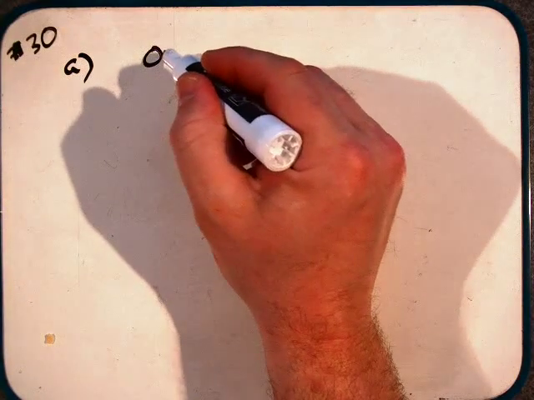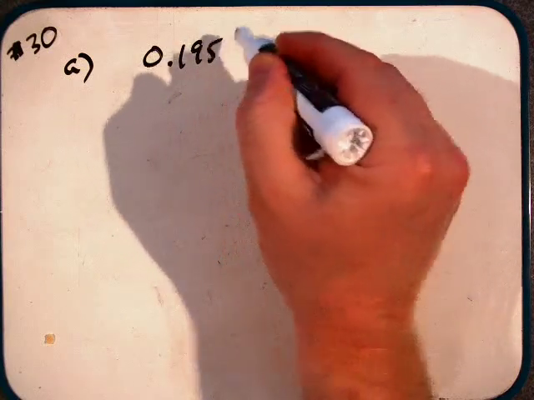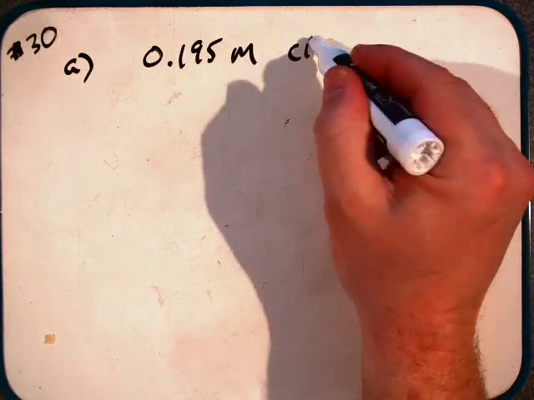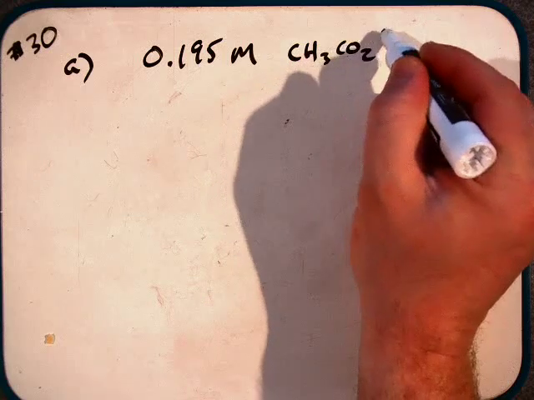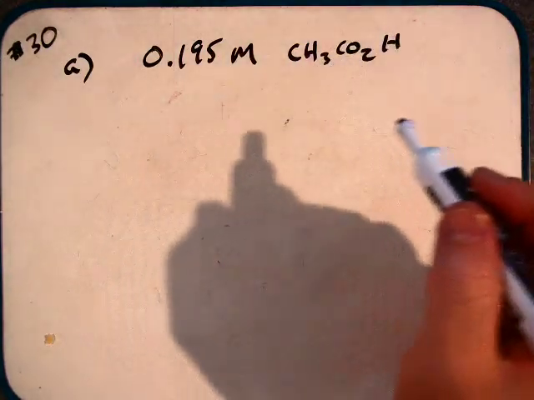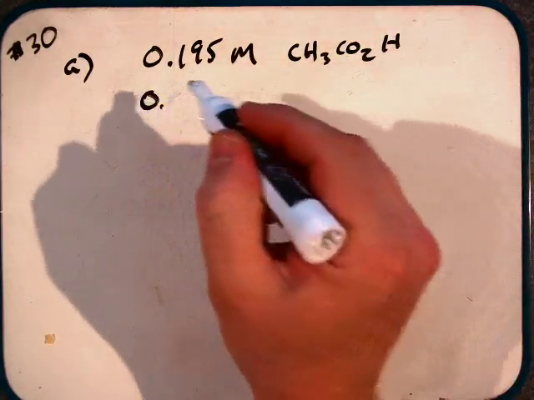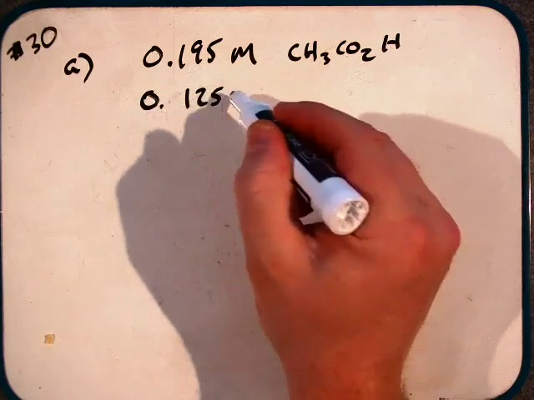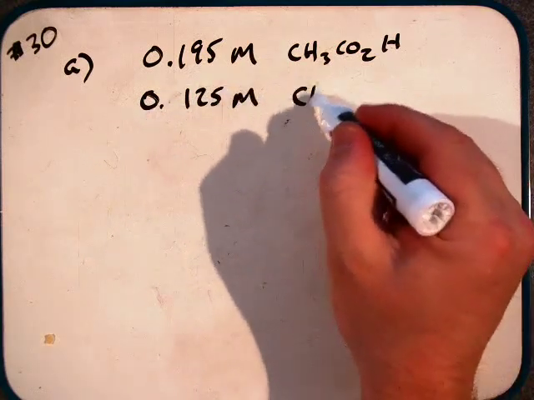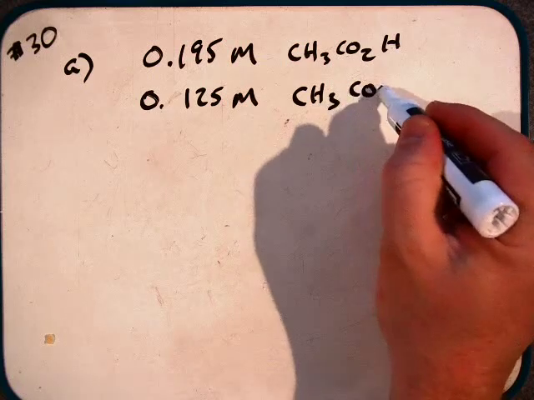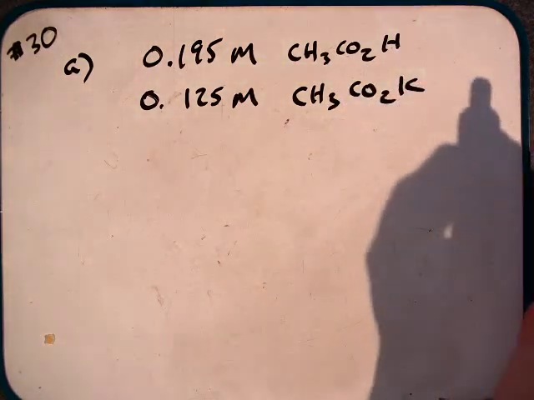So for part A, we have a solution that's 0.195 molar in acetic acid. We also have 1.25 molar potassium acetate, right?